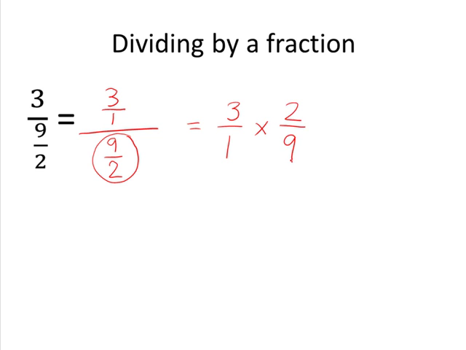We can then do some simplification because you can see that this is saying 3 divided by 9. 3 divided by 9 is equal to 1 over 3. We divide both top and bottom by 3. 3 divided by 3 is 1. 9 divided by 3 is 3. So we've simplified this to 1 over 1 times 2 over 3, which is equal to 2 over 3.